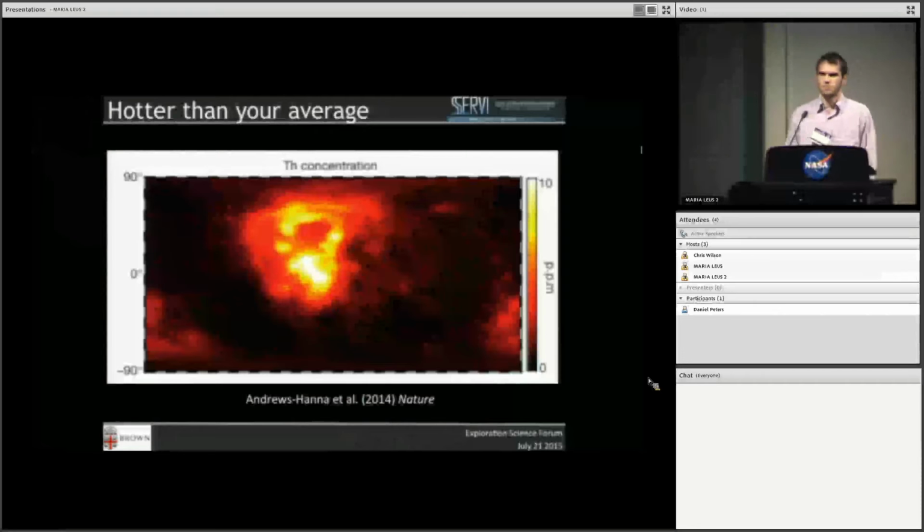The Procellarum region is also the focal point of a concentration of radioactive heat-producing elements. These are known as the KREEP elements, which include potassium, the rare earth elements, and phosphorus. This figure shows the distribution of thorium within the moon, and as you can see, there's a very high concentration beneath the Procellarum region.